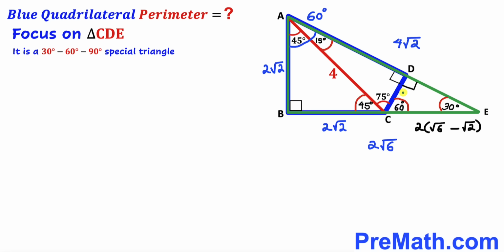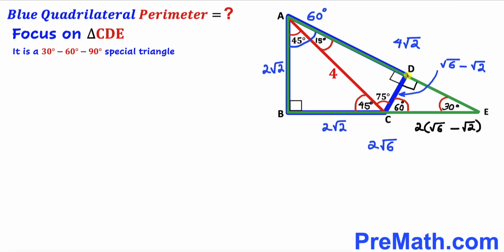So therefore this smallest leg has got to be the half of this longest leg. So therefore I can write this smaller leg value as half of this one is going to be square root of 6 minus the square root of 2.